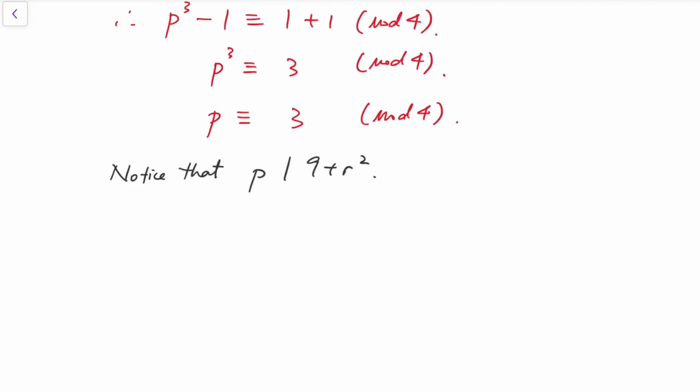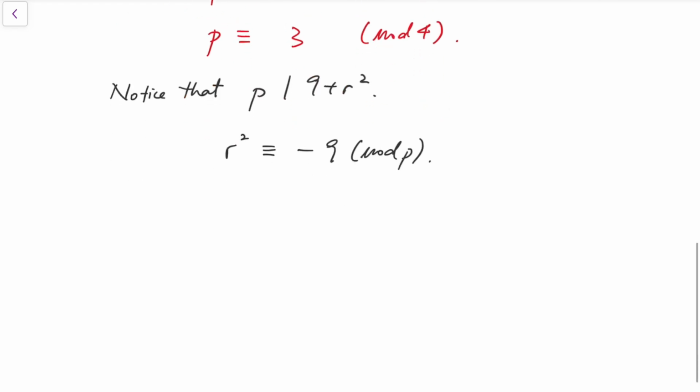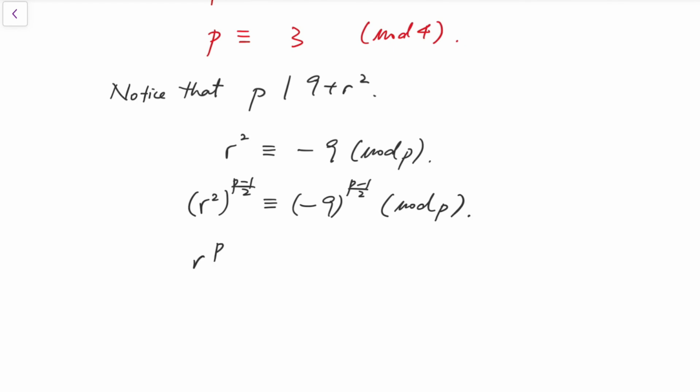Now, this means r squared is congruent to minus 9 mod p. And I'm going to bring both sides to the p minus 1 over 2 power. Like this, which means r to the power p minus 1 is congruent to minus 9 all to the power p minus 1 over 2.